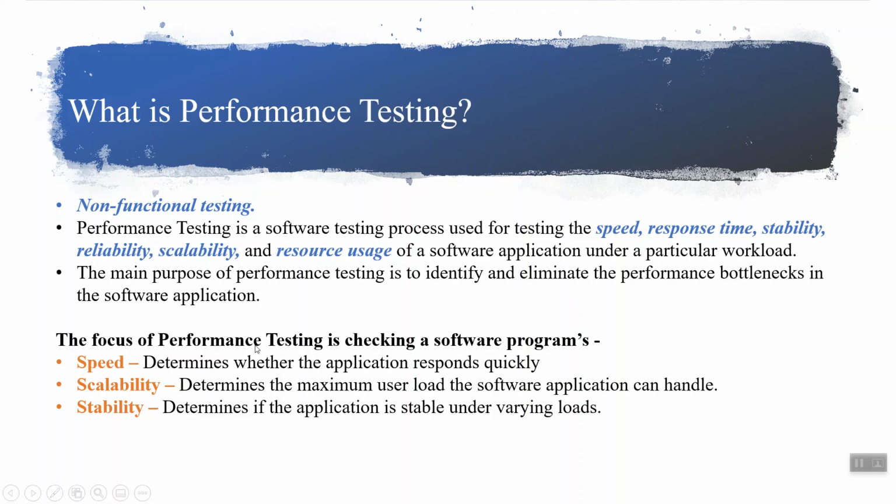Here, the focus of performance testing is checking the software application for speed, scalability, and stability. So, speed determines whether the application responds quickly, and scalability determines the maximum user load of the software application that the application can handle. And the stability is to determine if the application is stable under varying loads.